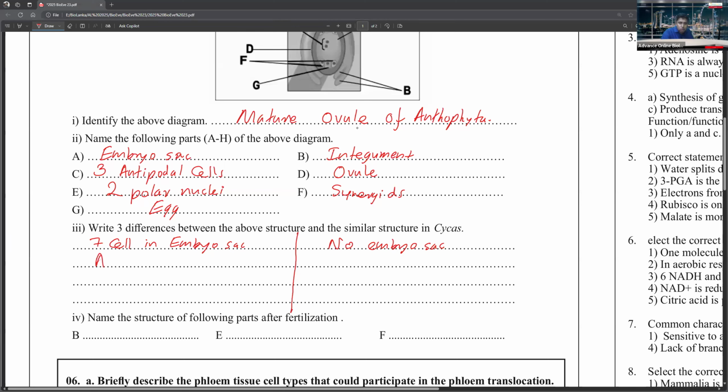Then you can say archegonia present in Cycas. Oops, I think I wrote it on the wrong side. So what did I write? Okay, archegonia, no archegonia.